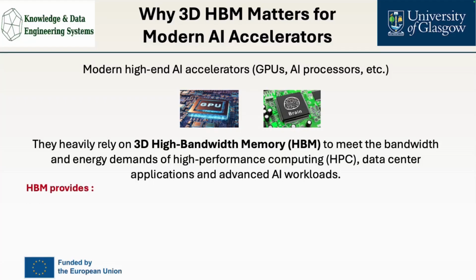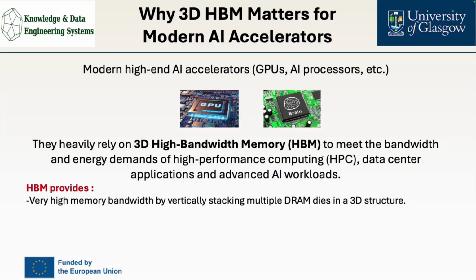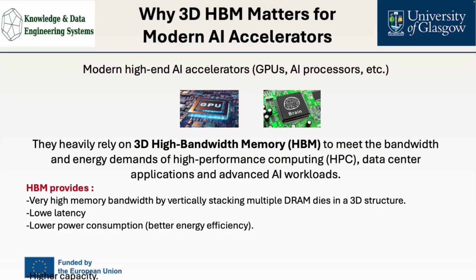What kind of advantages can high bandwidth memory provide for these advanced applications? First, high bandwidth memory provides vertically stacked multiple DRAM dies in a 3D structure, and also provides low latency, low power consumption, better energy efficiency, and higher capacity.